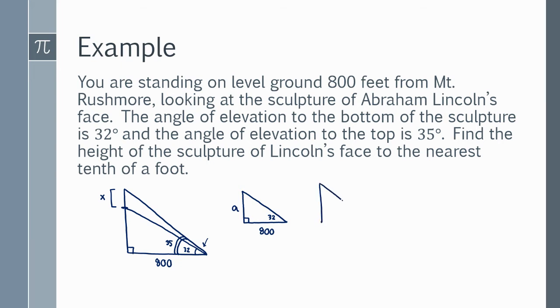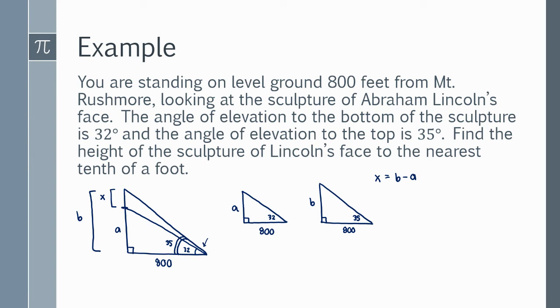And then we have the second triangle, still a distance of 800, but with that 35, it's the entire height that goes to the top of Lincoln's head. So if we can figure out A and B, because notice that this whole entire thing is B and this is A, hopefully in order to find x, you can visualize this. I want the entire height of Mount Rushmore up to the top of Lincoln's face, and then I want to subtract the entire height to the bottom of Lincoln's face, and that'll just give me Lincoln's face.